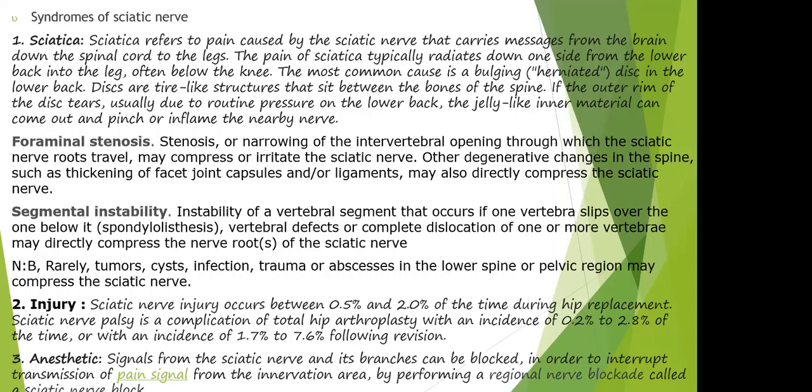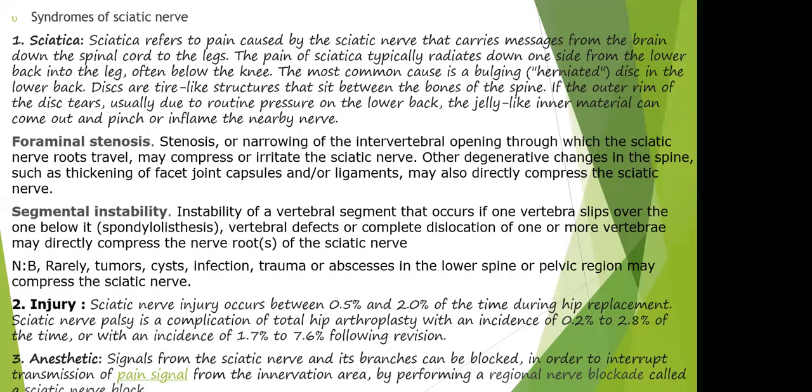Stenosis, or narrowing of the intervertebral opening through which the sciatic nerve root travels, may compress or irritate the sciatic nerve. Other degenerative changes in the spine, such as thickening of facet joints, capsules, or ligaments, may also directly compress the sciatic nerve. We have the segmental instability.